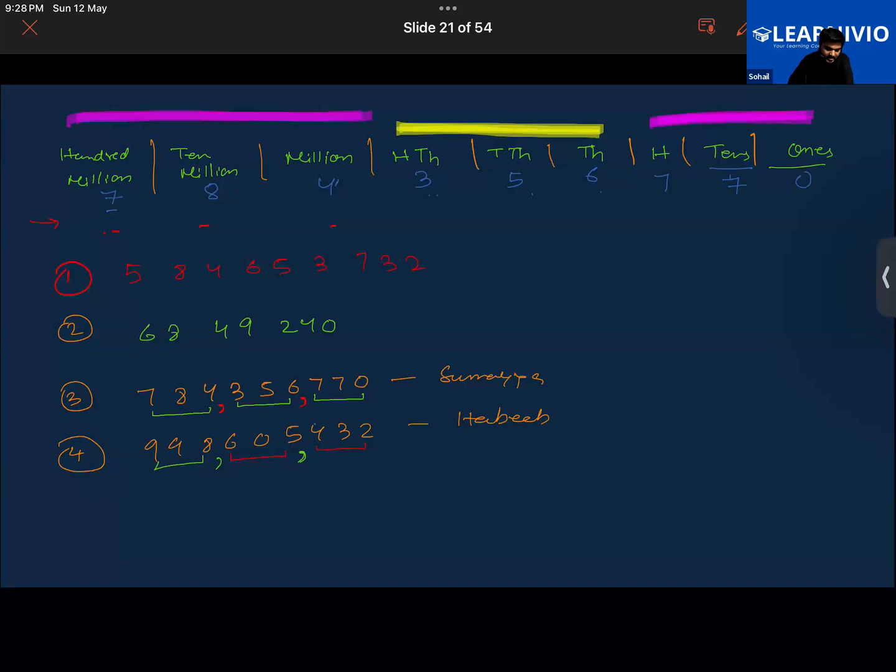Now talking about this number, let's start from this side. 770. How are you going to read this? 184 million. Very good. 784 million. 356,770.